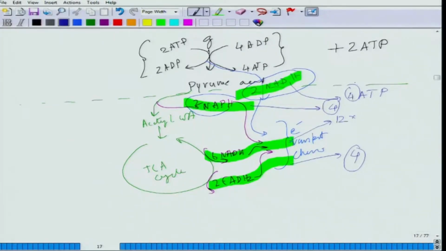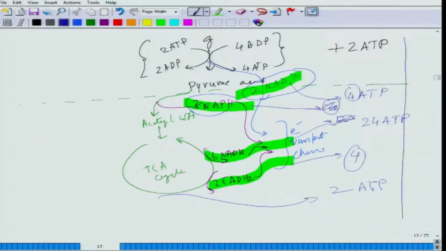So, basically out here you are making 24 ATP molecules, and there are 2 more which are coming from GTP, and this eventually leads to 4 ATP here, 24 ATP here, you have 4 ATP here, and another 2 coming from the tricarboxylic acid cycle, and what you essentially get is 2 plus 4 plus 24 plus 4 plus 2, 4 plus 2 is 6, 10, 14, 16, plus, 36.